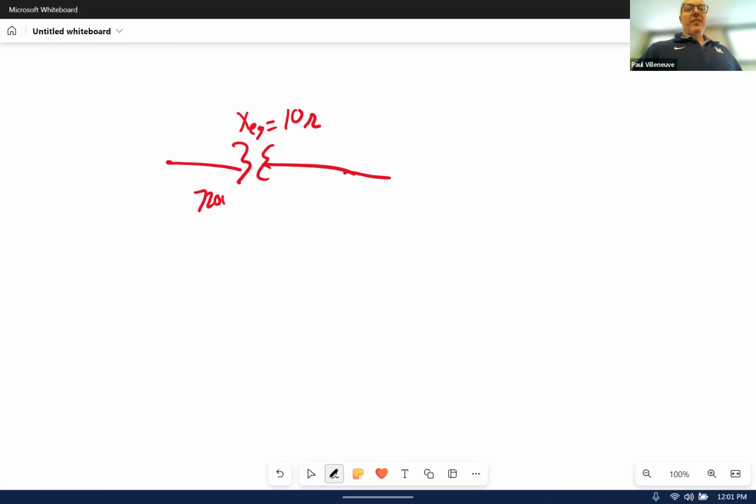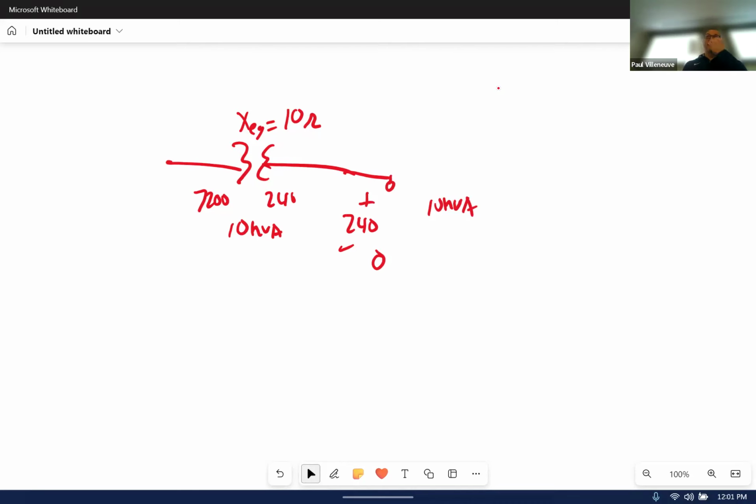Let's say it's a 7200 to 240 and it's a 10 kVA transformer. I'm trying to drive my load at plus or minus 240 volts, and I want to deliver 10 kVA to the load. So let's just say it's operating at a 0.9 lagging power factor.